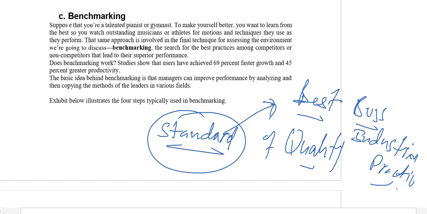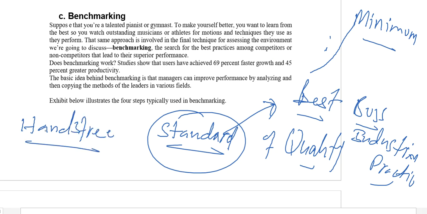If there is an organization which is doing the best practice in the market or in the industry, we can say that it is the benchmark. Benchmark means the minimum or the maximum level of quality which has to be maintained at any cost.